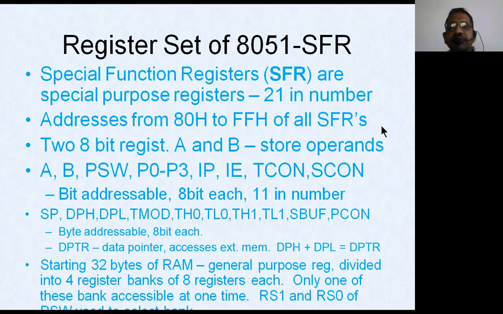In the last session, we started with the register set of the 8051 microcontroller. There are going to be some special function registers, SFR, or special purpose registers. Around 21 are going to be the special purpose registers. The addresses are from 80H to FFH for all the special function registers.